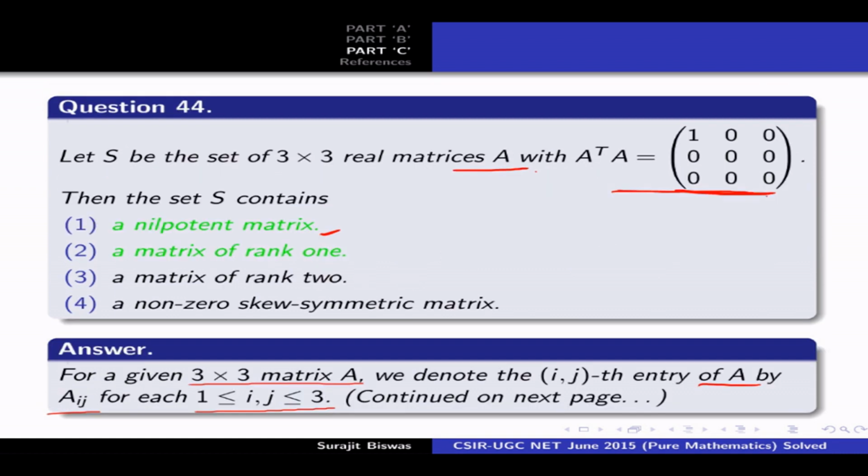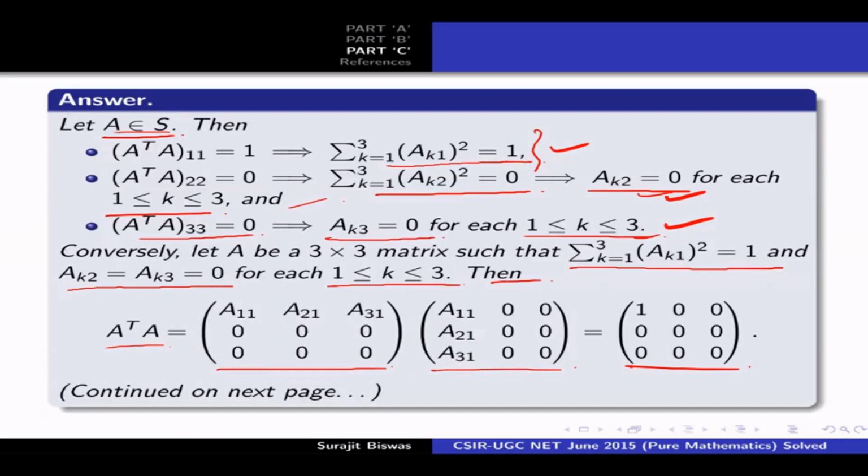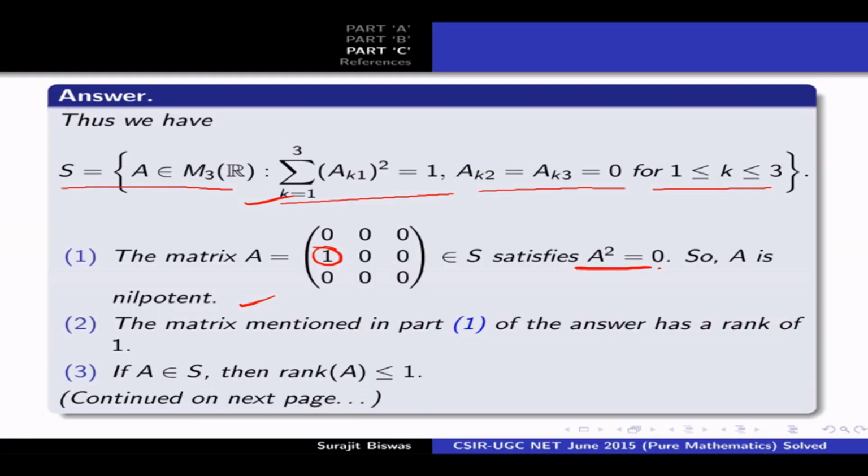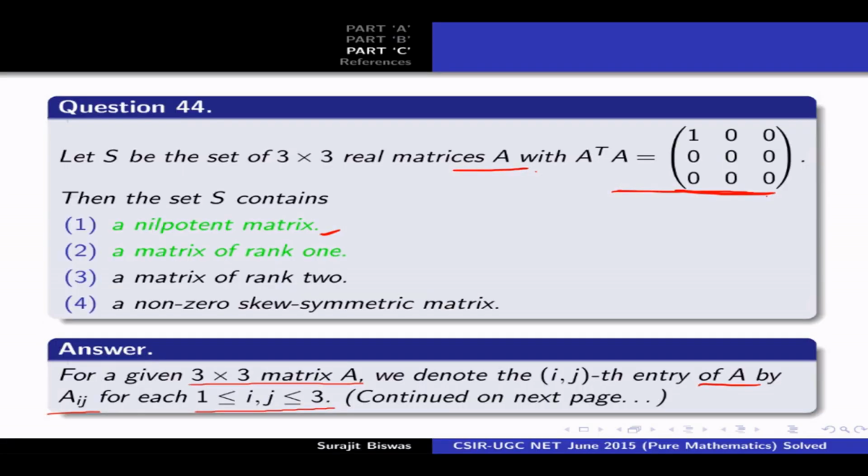Second option is a matrix of rank 1. Of course, the matrix that we have chosen in option 1 is of rank 1, so option 2 is also correct. So option 1 and option 2 are correct. Now we show that S contains a matrix of rank 2 is not correct.